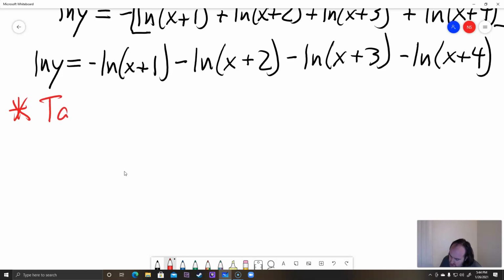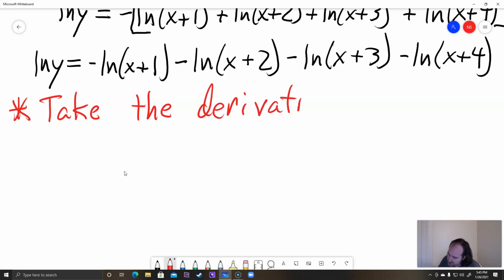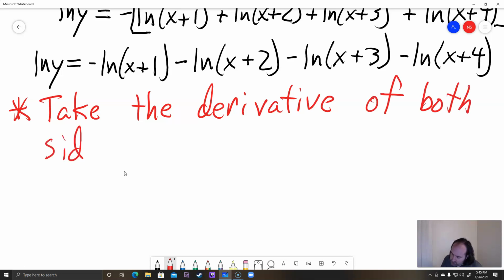Okay, so take the derivative of both sides. Take the derivative of both sides of the equation.